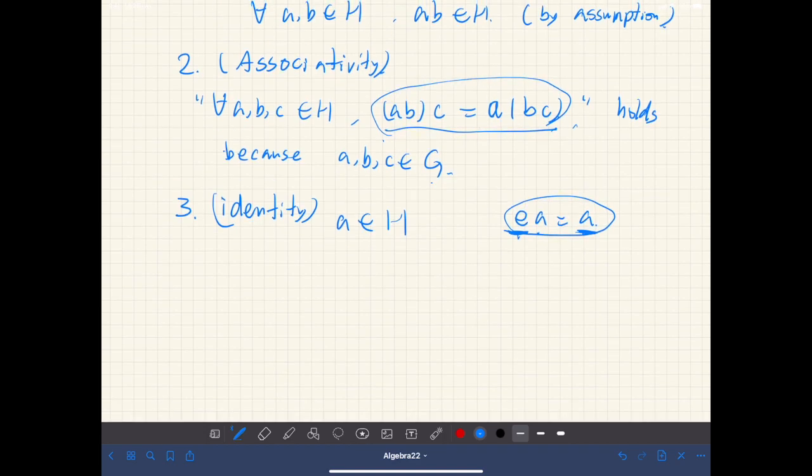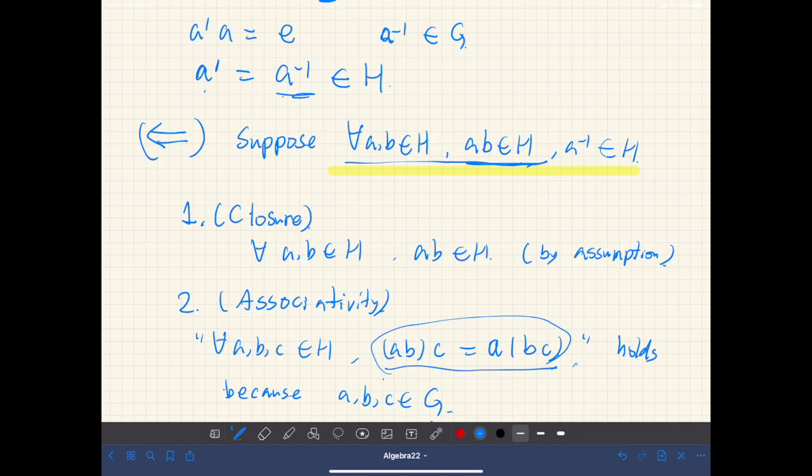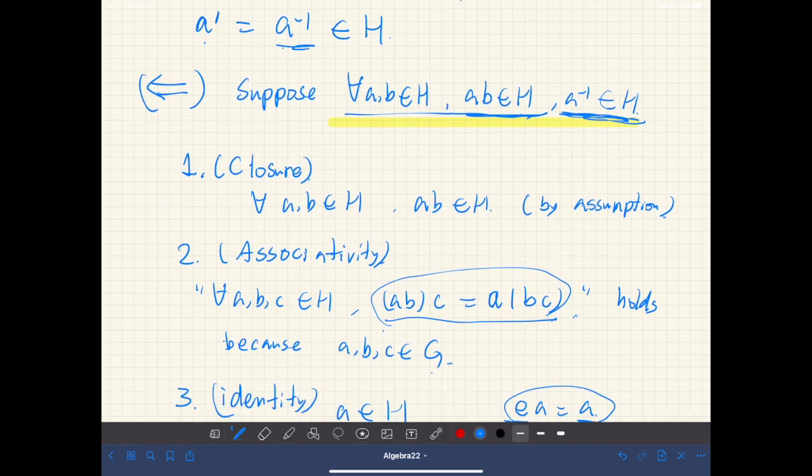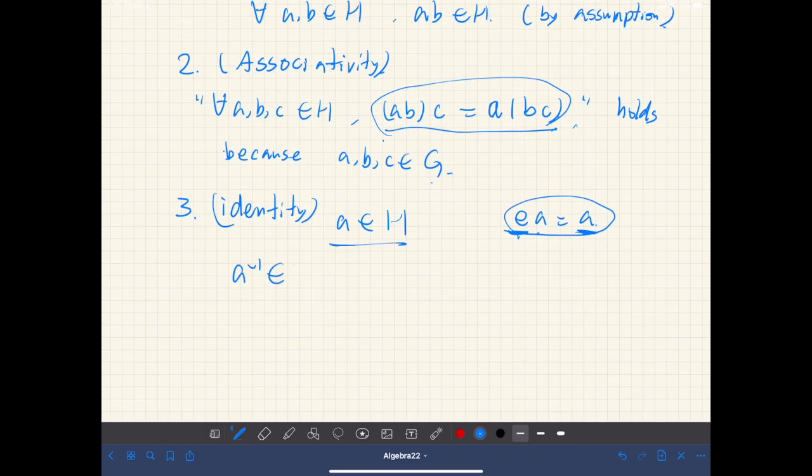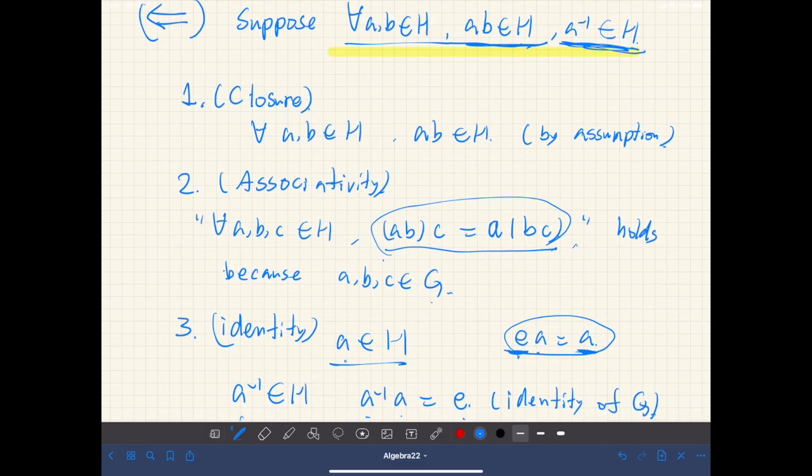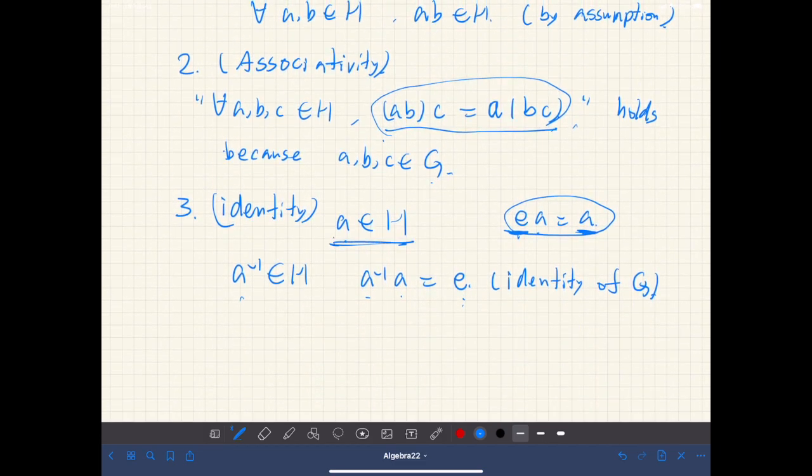Okay, and let's see. One of the assumptions is that A inverse is an element of H. So for any A, we multiply A inverse, which is an element of H. If we multiply A inverse with A, we get E, because A and A inverse are also elements of G, so if we multiply them, we get the identity element of G. However, because of the closure condition, A and A inverse are assumed to be elements of H, so that A inverse A is an element of H by assumption.